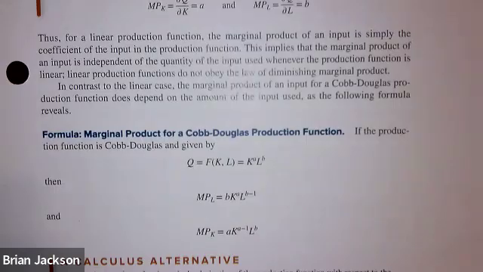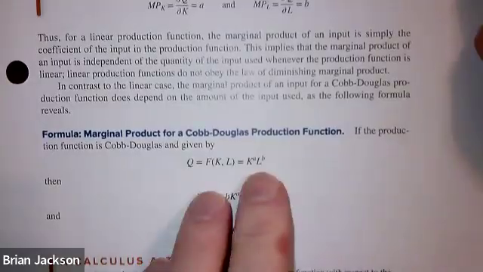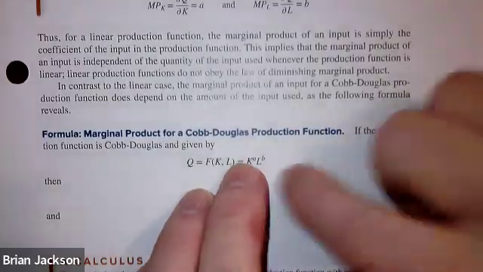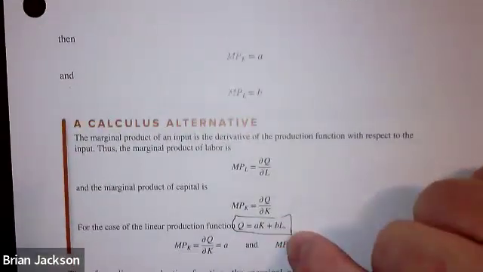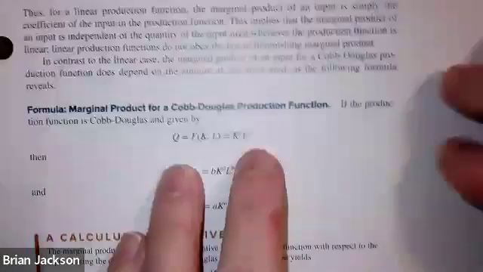But I will tell you that it really is. It's not a simple polynomial. You notice you're combining capital and labor together, but instead of adding terms involving capital and labor, you're multiplying them.